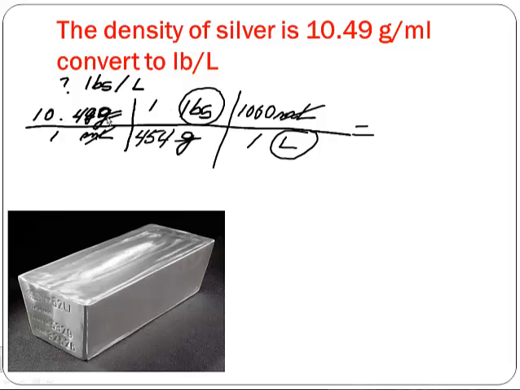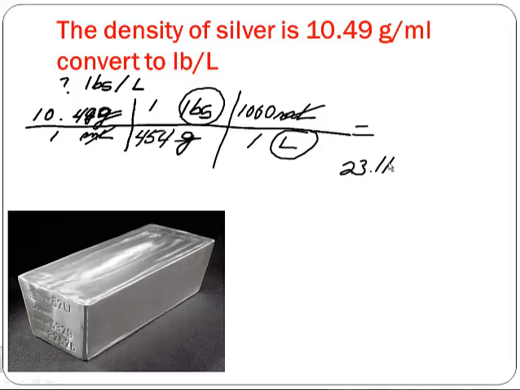I can say 10.49 divided by 454 grams times 1,000 will be equal to my answer, which, rounded to the correct number of significant digits, is 23.11, because it was 23.105727.